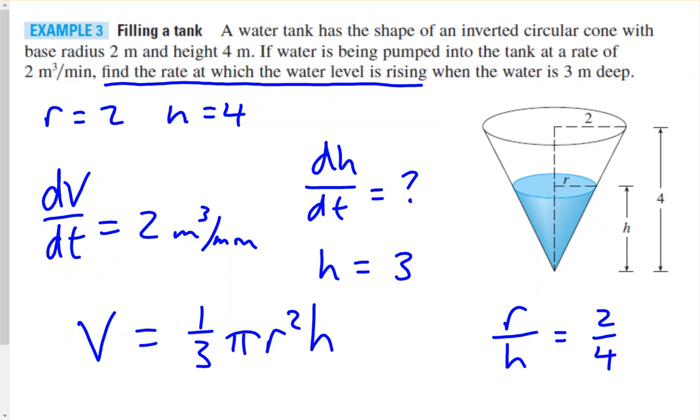And what I want to do is solve this for r in terms of h, and then I could replace r with h, and I have my formula all in terms of h, because I'm looking for dh/dt when h is 3. So it would be easier if the whole equation was in terms of h's instead of r's.